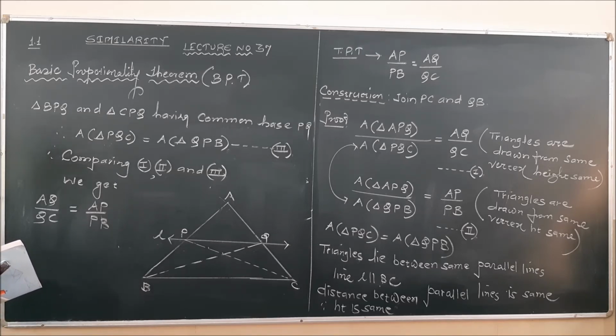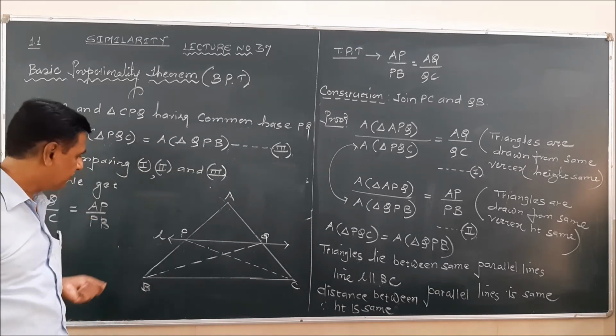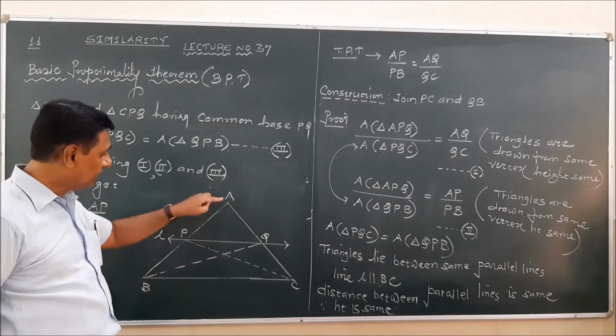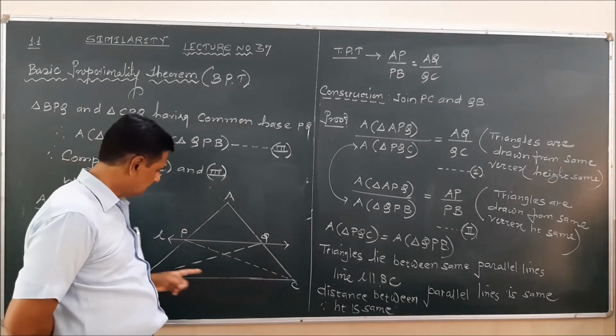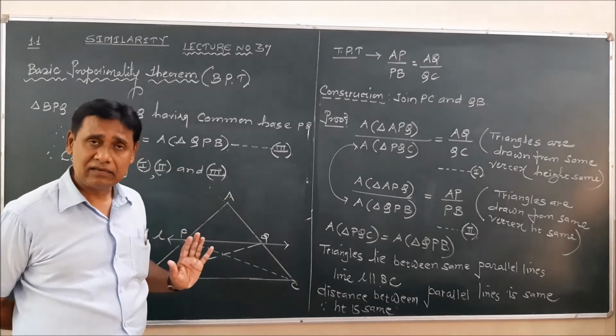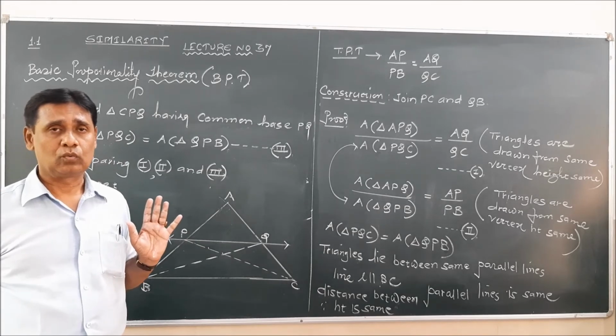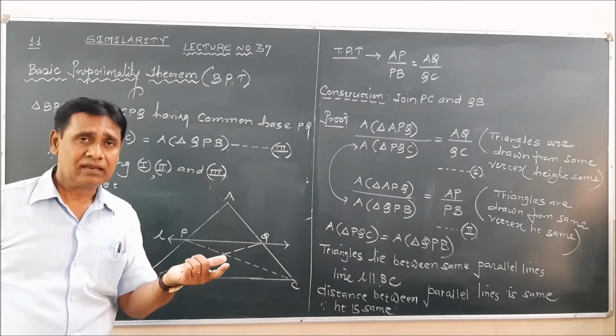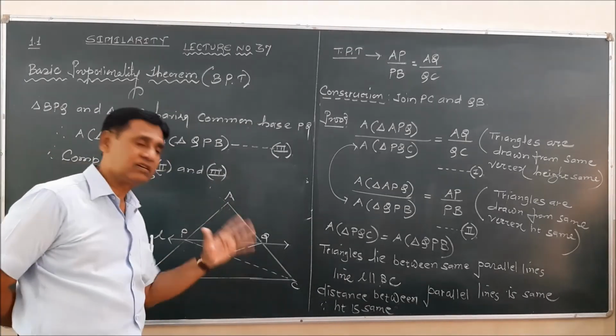Converse of theorem states that if any line divides the two sides of triangle in equal ratio, then that line is parallel to the third side.